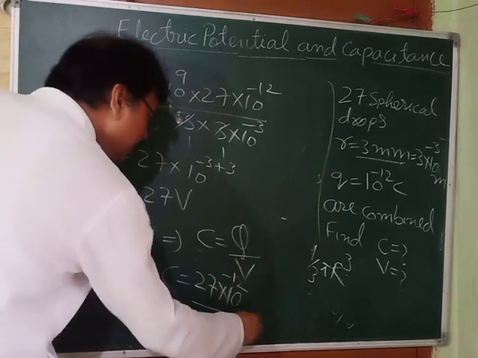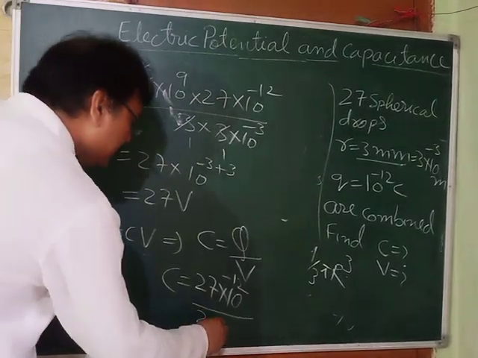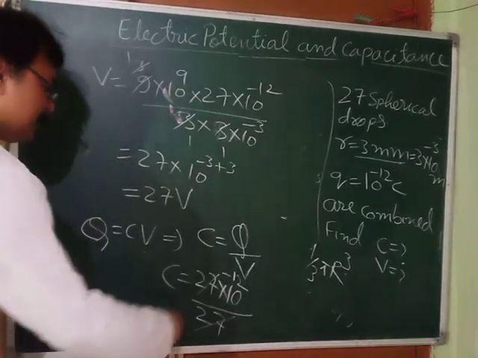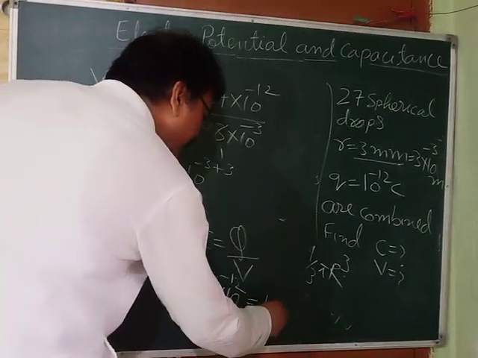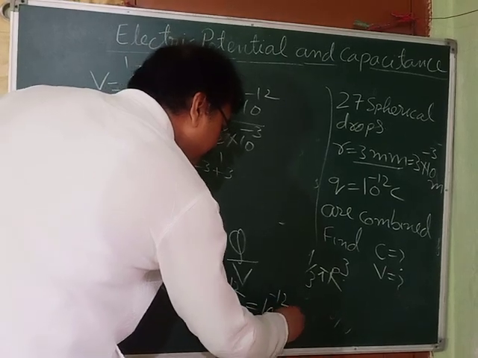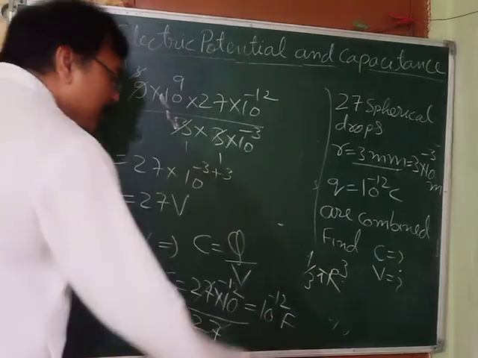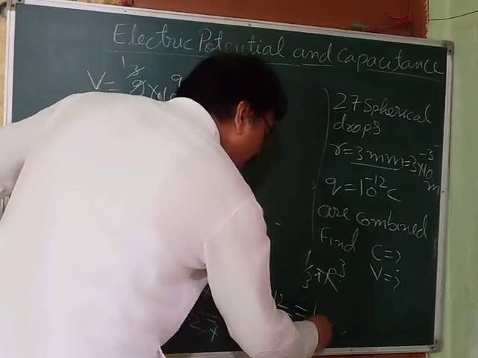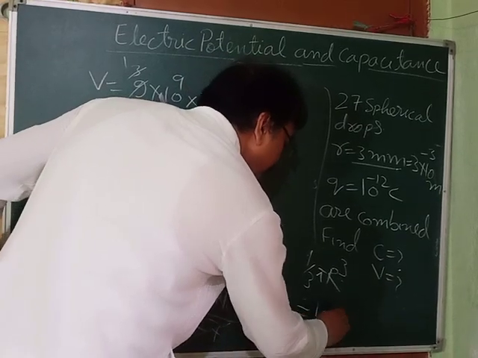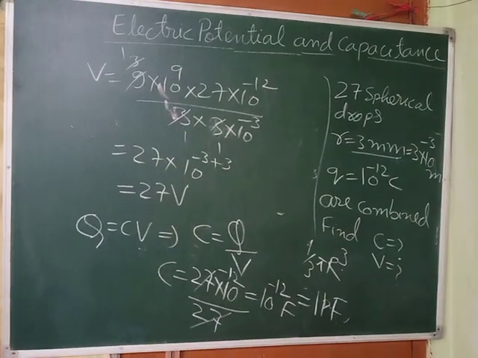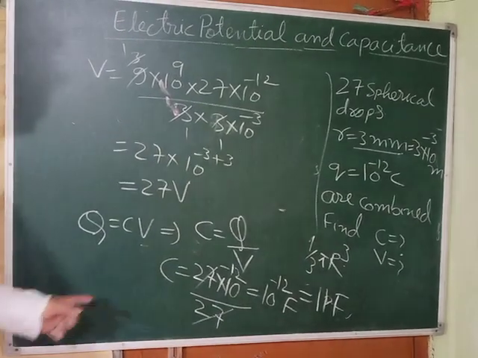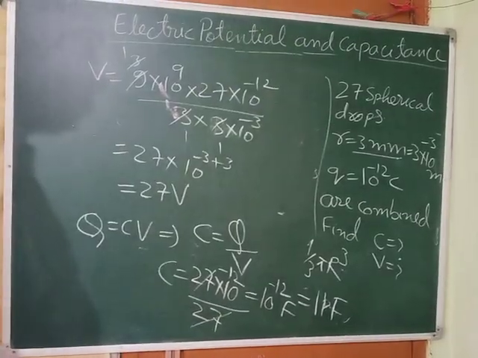This is Q. And what is V? V is 27. You can cancel this. And the capacitance you will get is 10 raised to the power minus 12 farad. Or you can write 1 pico farad, because 10 raised to the power minus 12 is pico. Got the capacitance also? Okay.